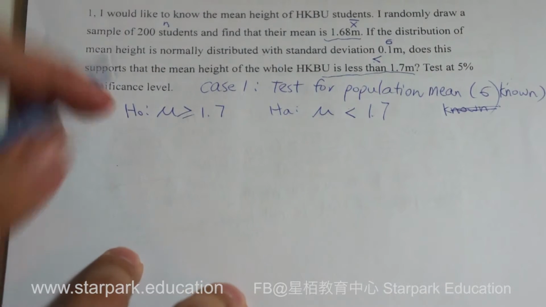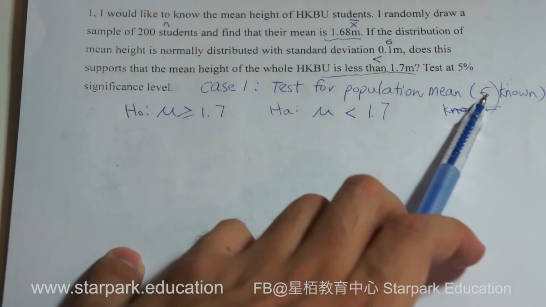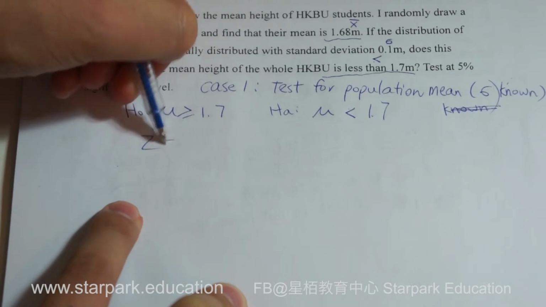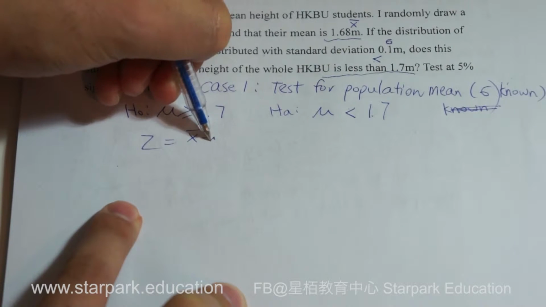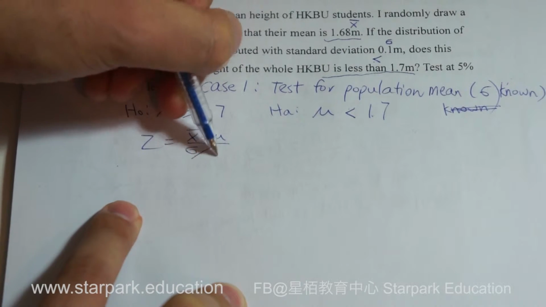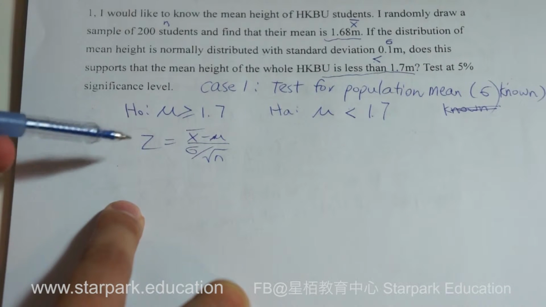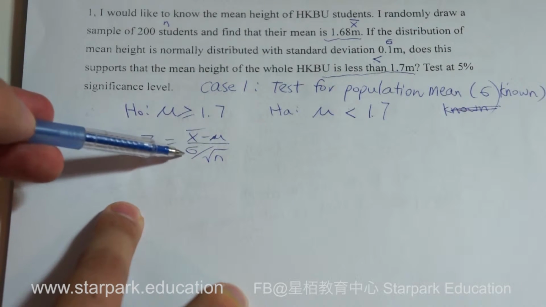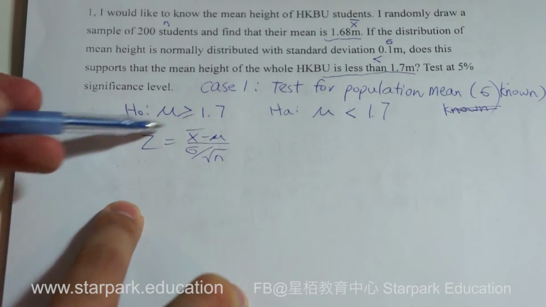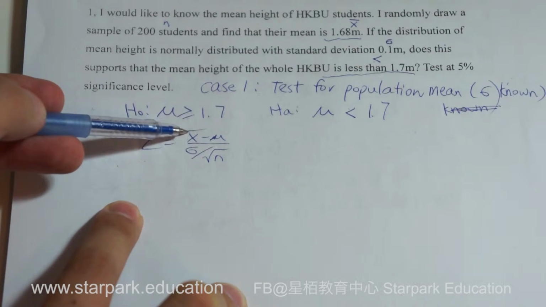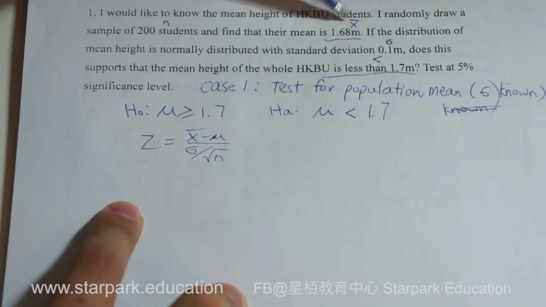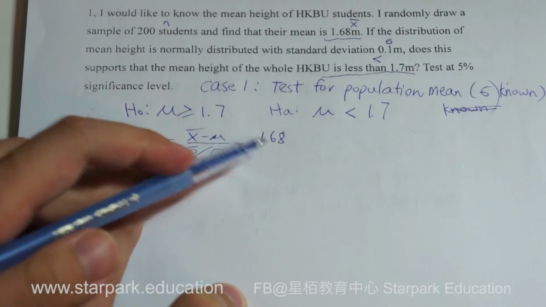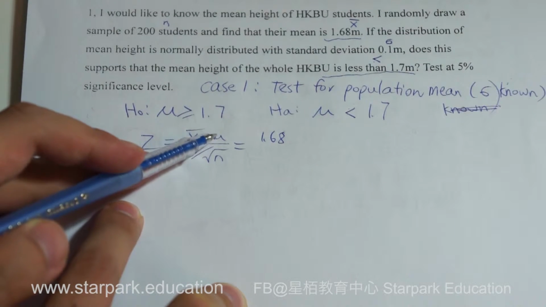And what's next is, since the sigma is given, we have to use the Z test. So that means we have to check the Z table, and the equation we are using should be x bar minus mu divided by sigma over the square root of n. For the first number, x bar, it is coming from the question, which is 1.68 meters, minus the number for mu.